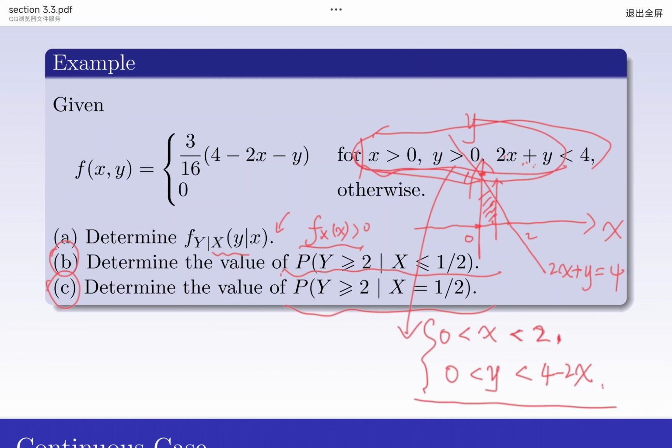Okay, this is just some second thing. Define which and determine the value of the also determine.